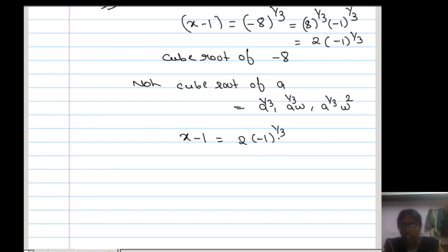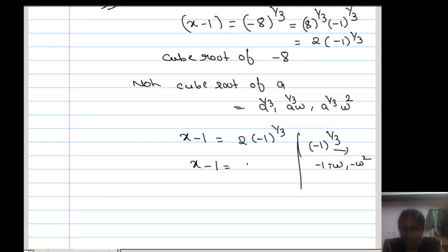But what is the cube root of minus 1 here? So x minus 1 is equal to what are the cube roots of minus 1? If you simplify, minus 1 whole power 1 by 3, the roots are minus 1, minus omega and minus omega power 2.